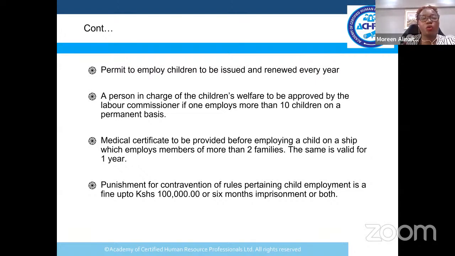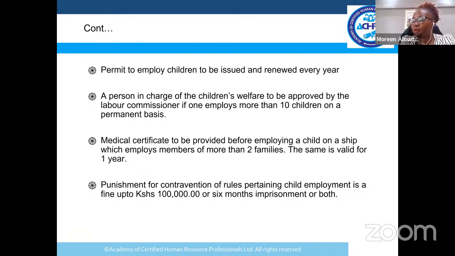So they must show that the child is medically fit to work on a ship. And then that ship must only be a kind of ship that employs members of only one family. I find it very interesting. I don't know how practical it is.